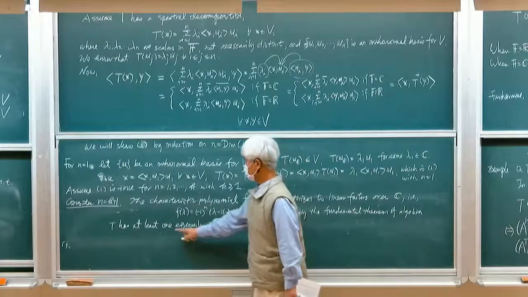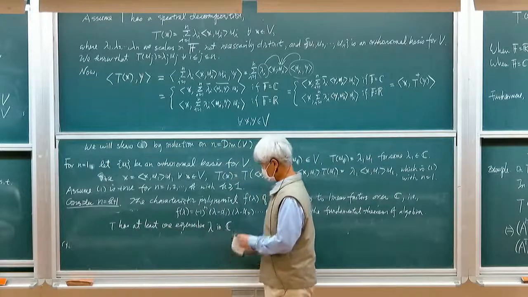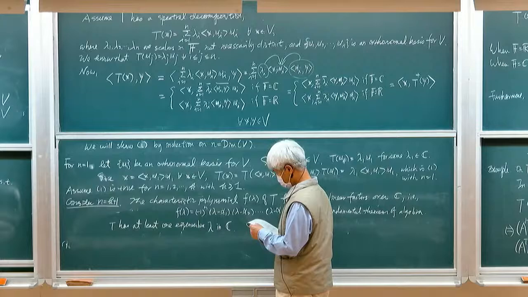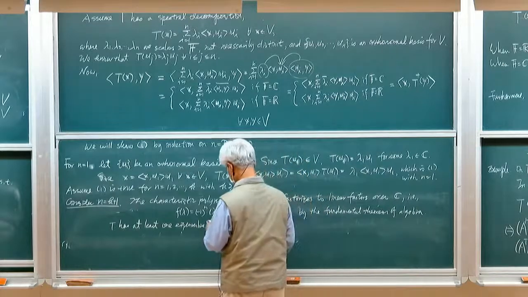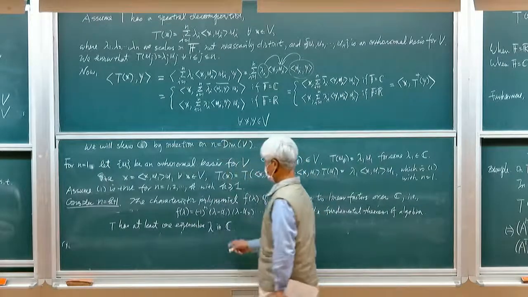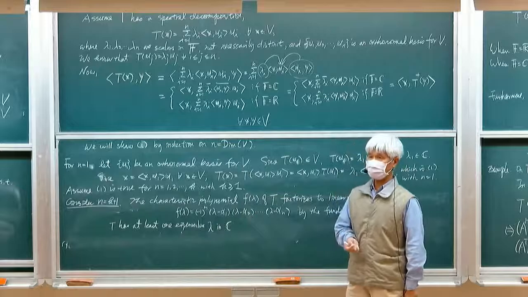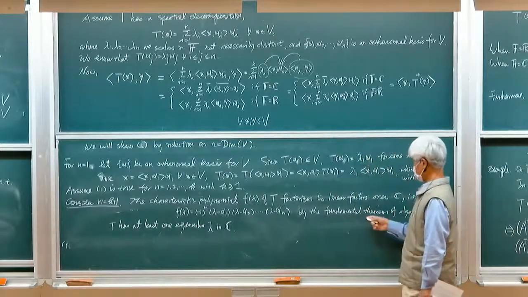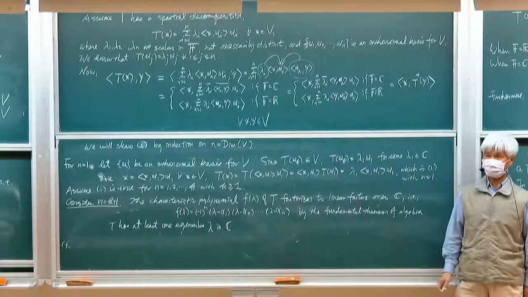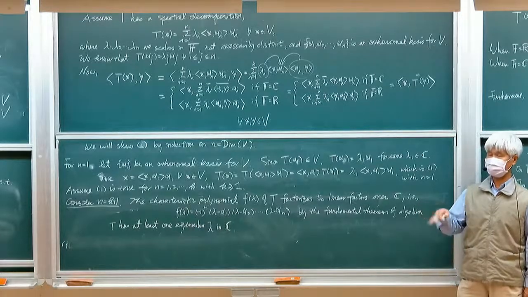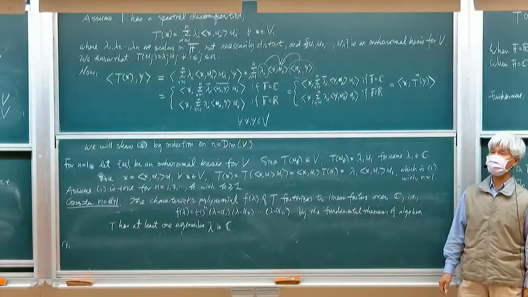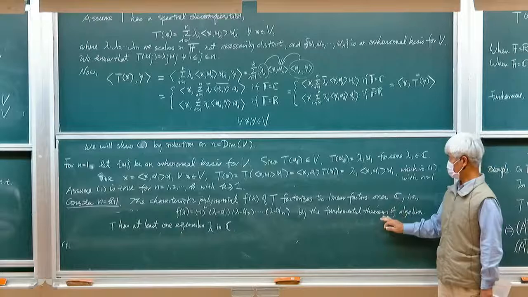So T has at least one eigenvalue in C. The existence of the eigenvalue is because of the fundamental theorem of algebra, not from the development of linear algebra. It's from algebra.